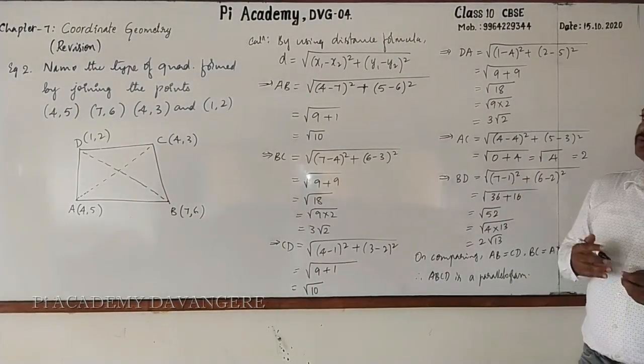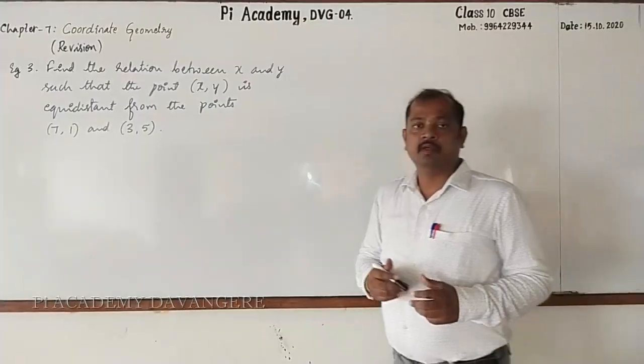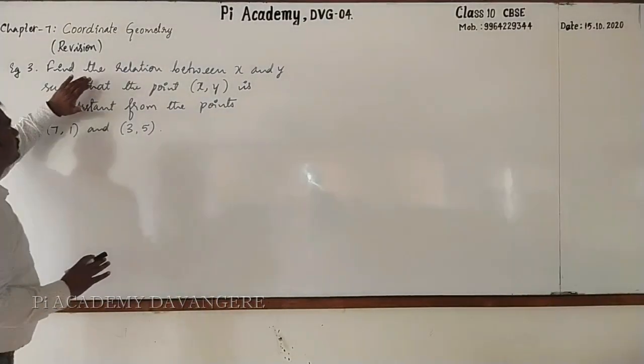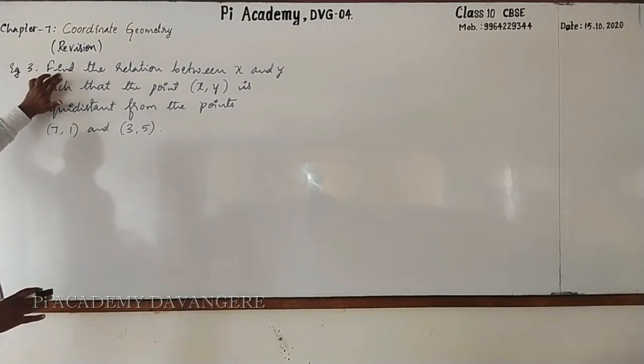Now we are moving to another type of problem related to distance formula only. Observe, this is the third type of question, and you can also go for writing this one.